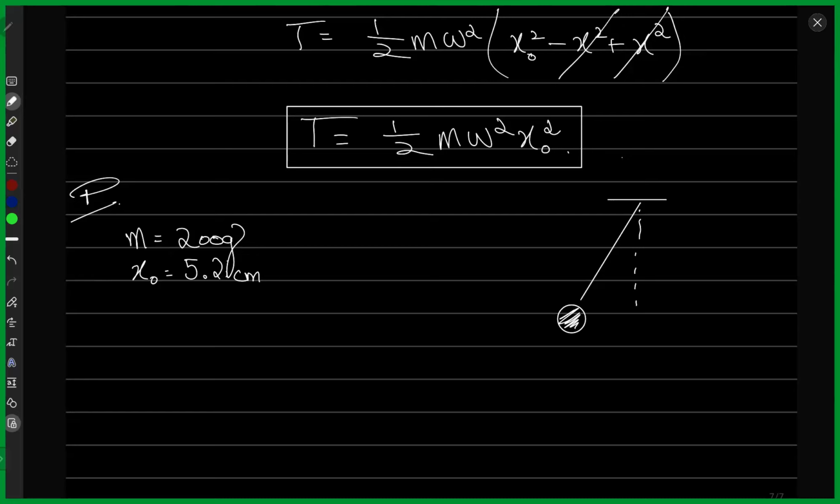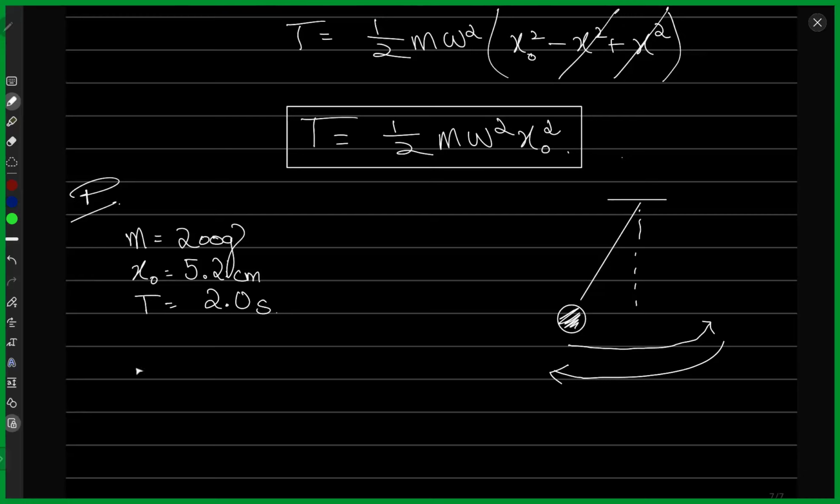Now, once you release the pendulum, it goes over here and then comes back to its original position. That's one oscillation. Suppose you time that and it comes out to be 2 seconds.